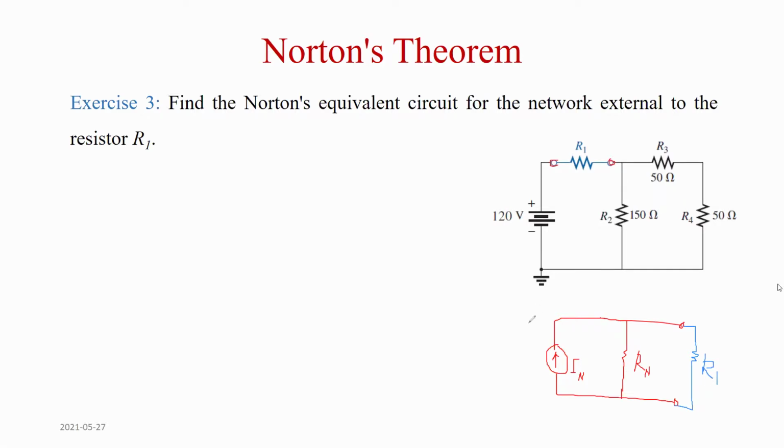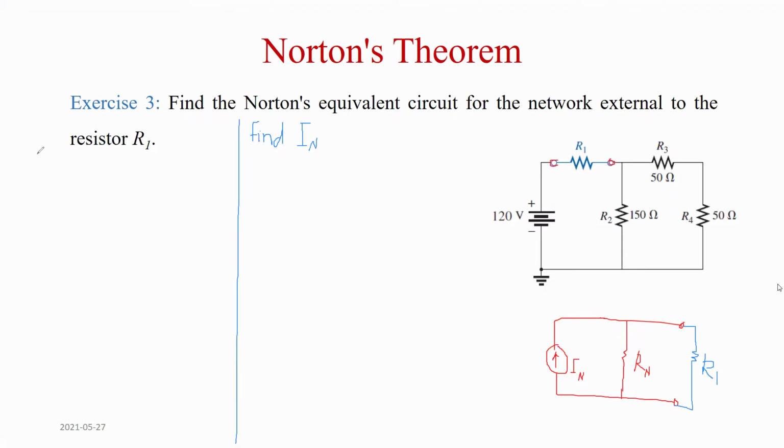So when we want to find the Norton's equivalent circuit, we have to find 2 things: Rn, then In.